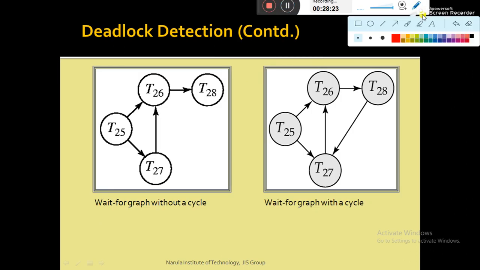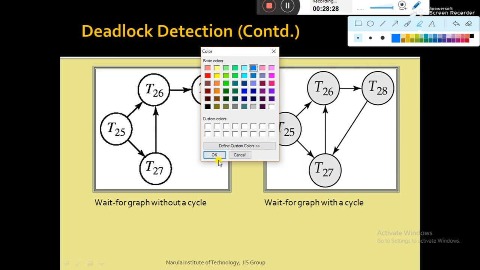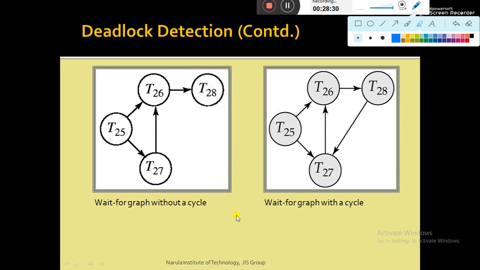Let's take an example of a wait-for graph. This is a wait-for graph and this is also a wait-for graph. First consider this one. Here these circular vertices correspond to the individual transactions. Now the arrow from transaction T25 to transaction T26 means that T25 is waiting for transaction T26.